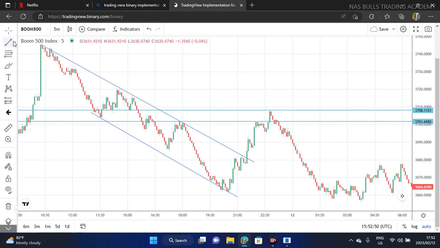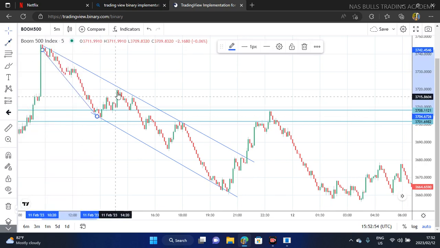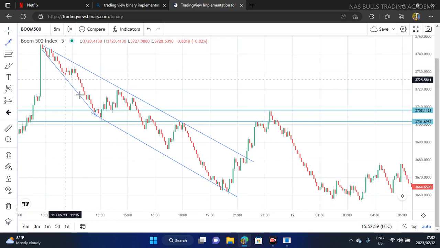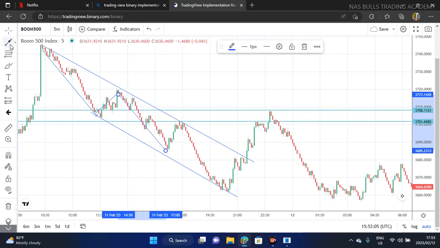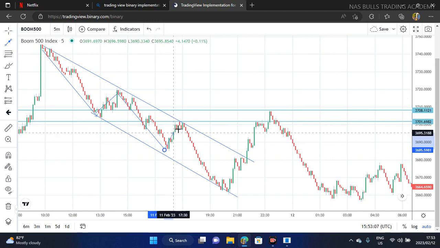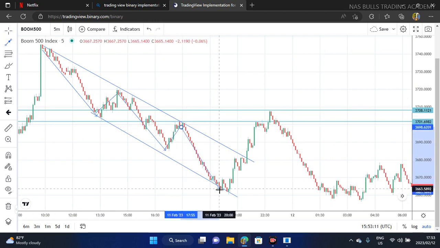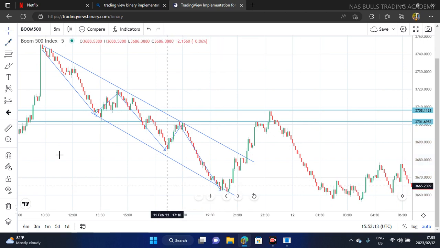If you can see clearly here, the market was consolidating to this area.